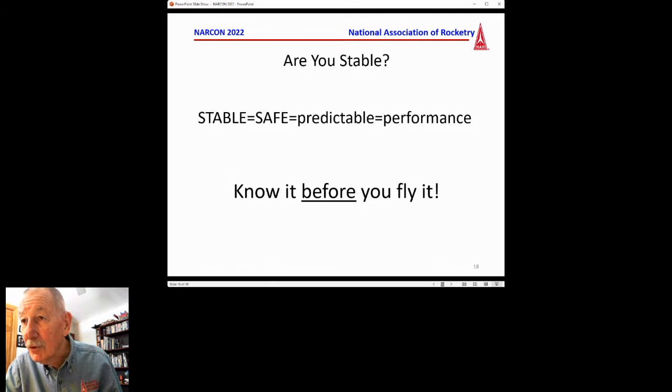Let's see. For squat rockets, Kurt Gunther, apparently the rule of thumb for one body diameter is rather conservative. On squat rockets, well, again, the whole thing is just being careful to have enough of a static margin.